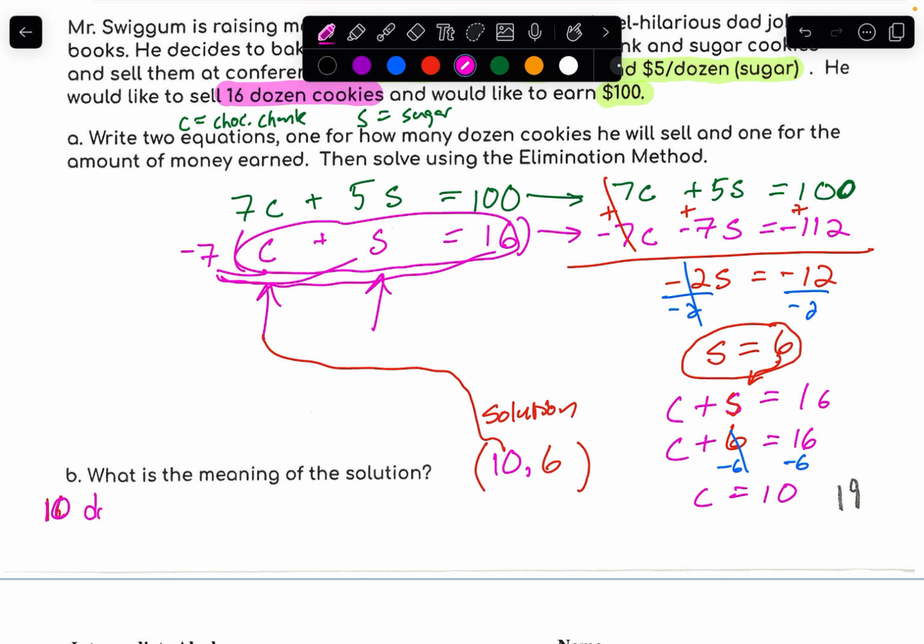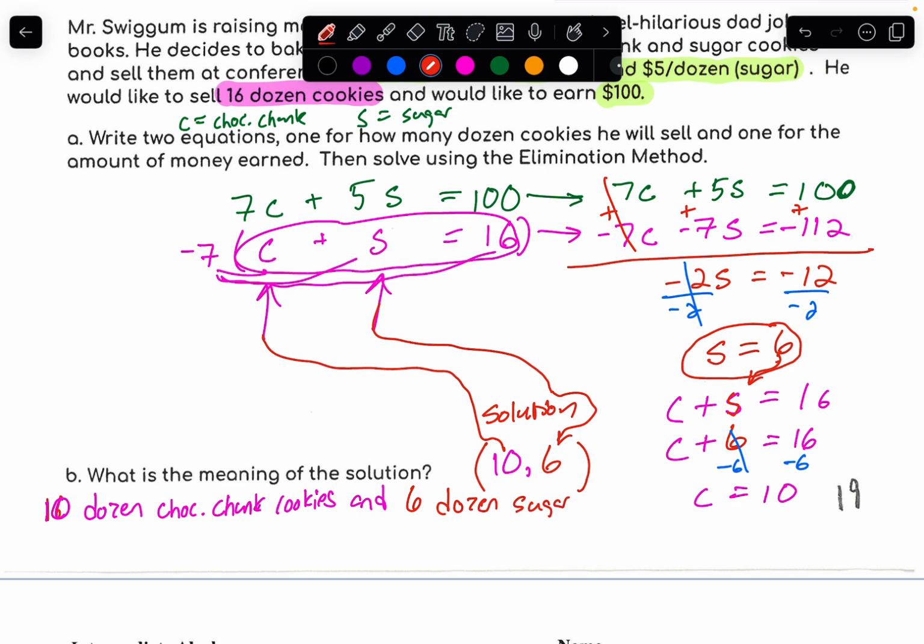So 10 dozen chocolate chunk cookies, and the S right here was the sugar cookies, and 6 dozen sugar cookies would solve this system for 100 total dollars.